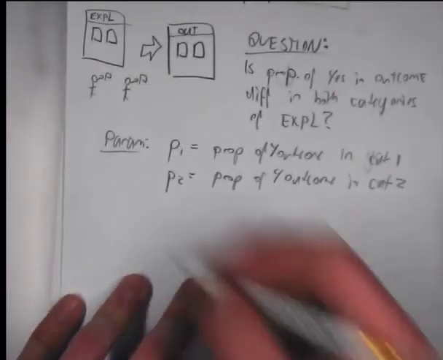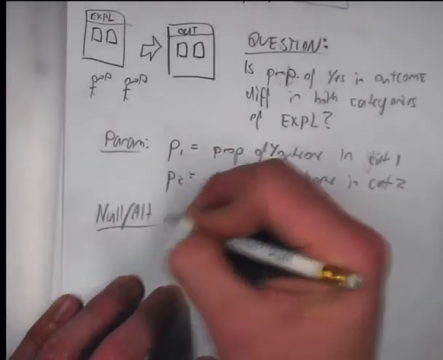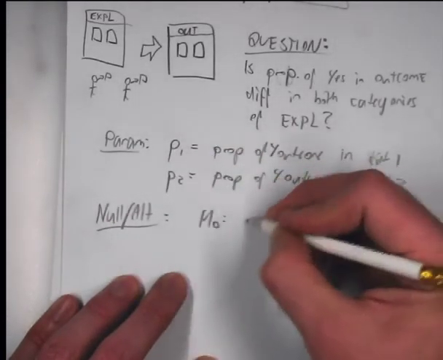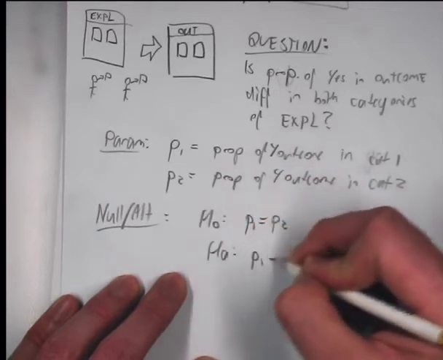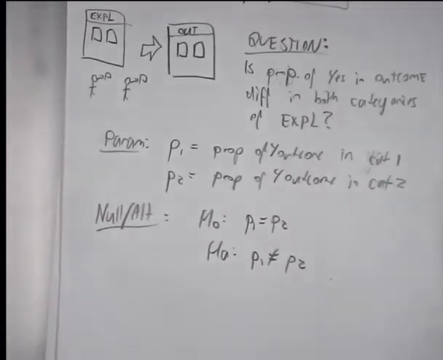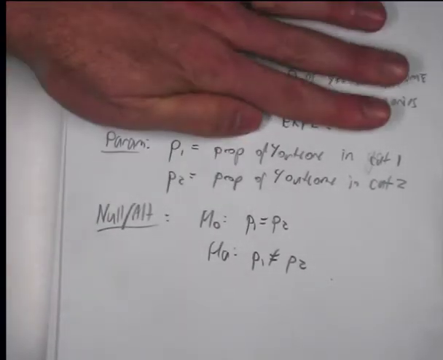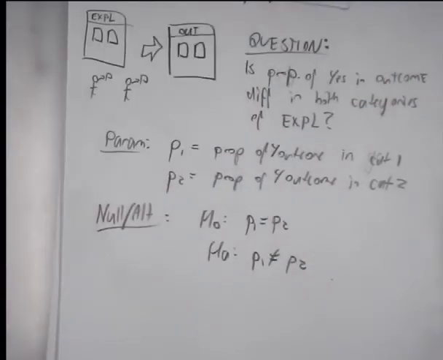All right, and then my null and alternative are that P1 equals P2, and alternatively that P1 is not equal to P2. Okay, so it's very, very similar in terms of this part to your unpaired T-test, your two-sample T-test. But instead of means, we're doing proportions.